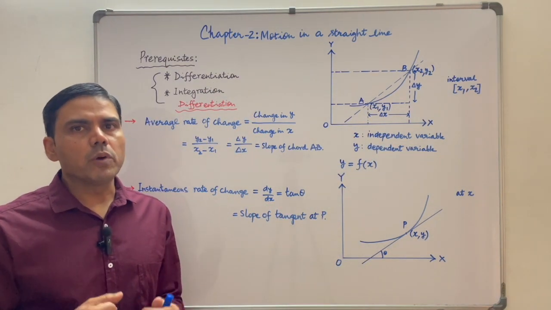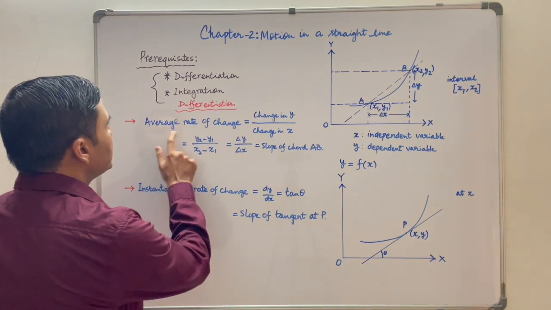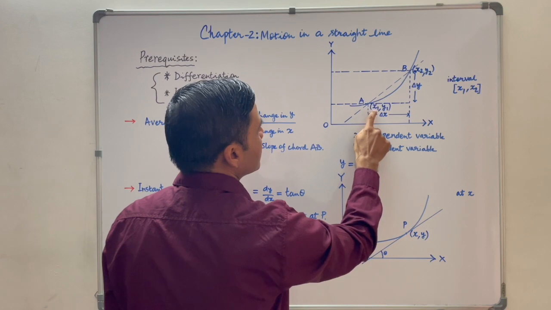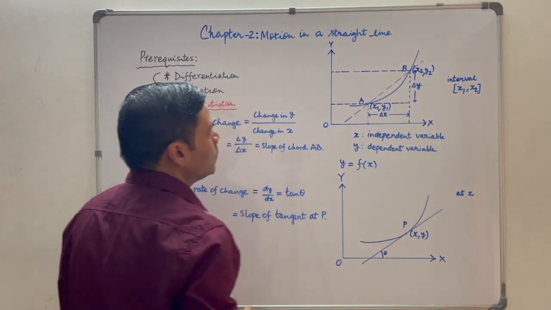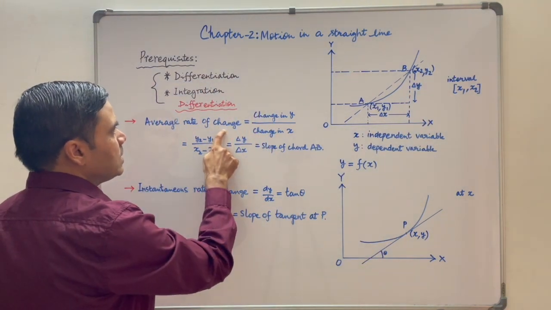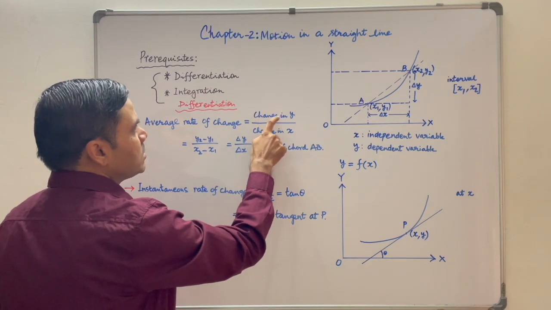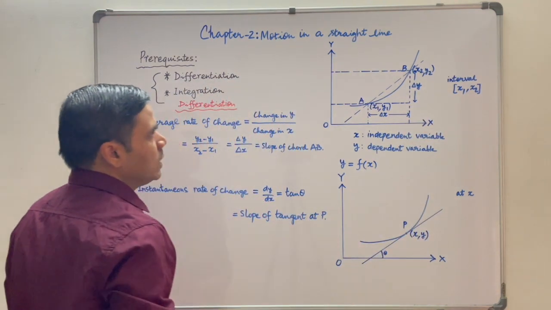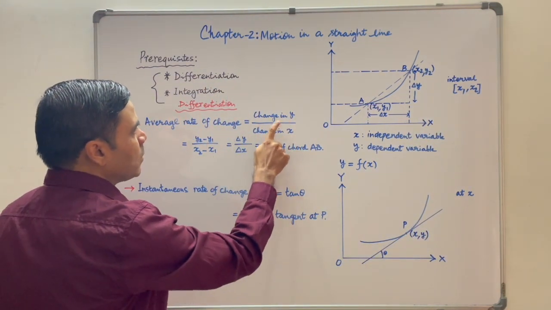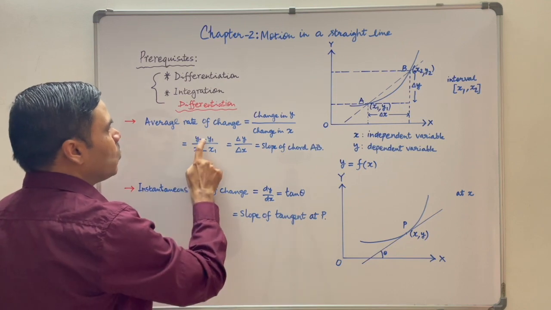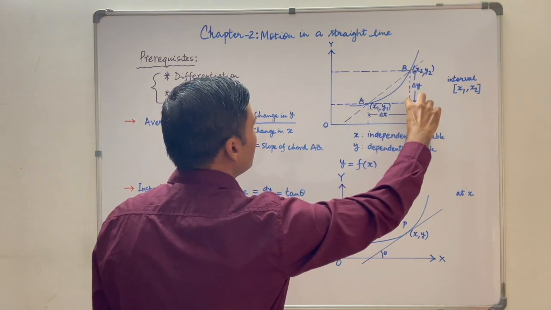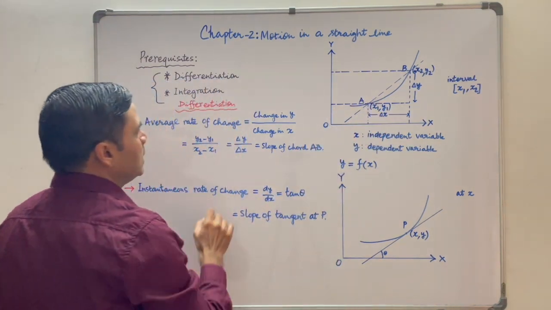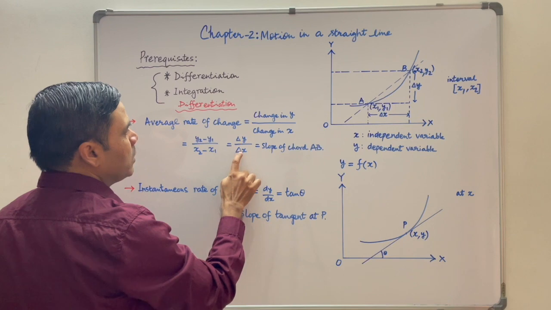Now let us see two important terms. The first one is average rate of change. Consider two points A and B whose coordinates are x1, y1 and x2, y2. Average rate of change is defined as the average rate of change in y with respect to x in this interval x1 to x2, and it is given as change in y upon change in x, that is y2 minus y1 upon x2 minus x1, and that is equal to delta y upon delta x.